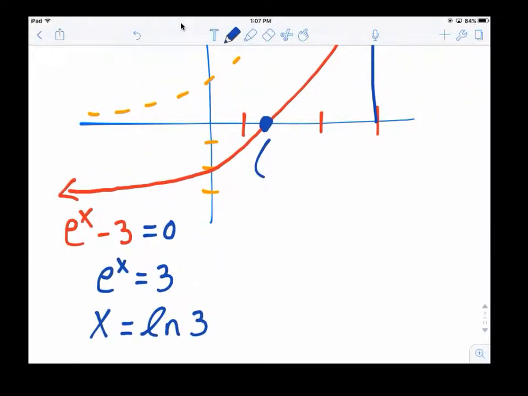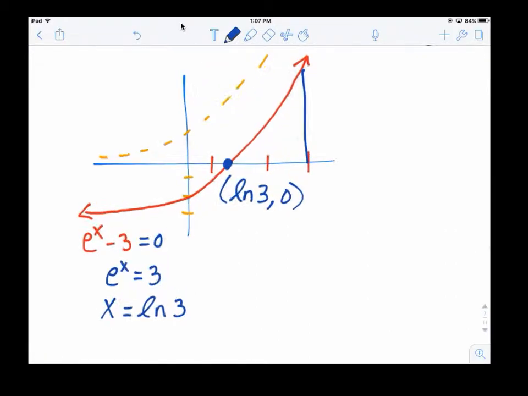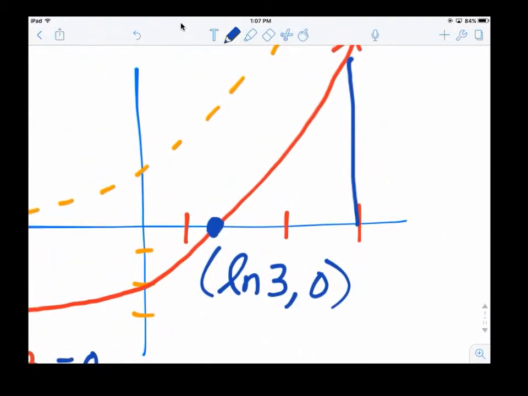All right? So that point right there is ln of 3 and 0. So we are figuring out the region there and there.